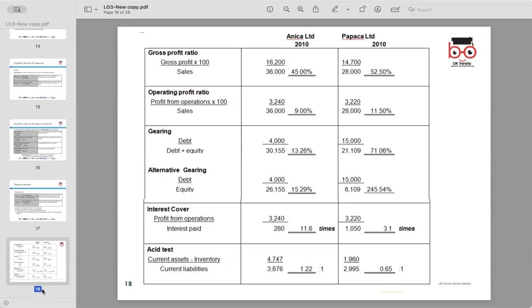On the other hand, Paprika Limited demonstrates higher profitability from operations but has a significantly higher reliance on debt financing and lower liquidity. Understanding these ratios helps stakeholders make informed decisions regarding investments, lending, and strategic planning, considering both companies' financial strengths and weaknesses revealed through these analyses.